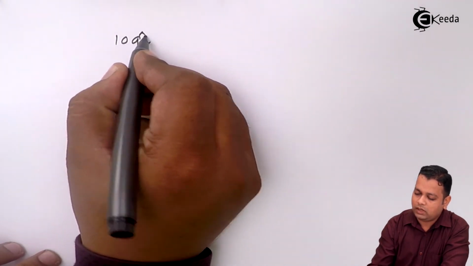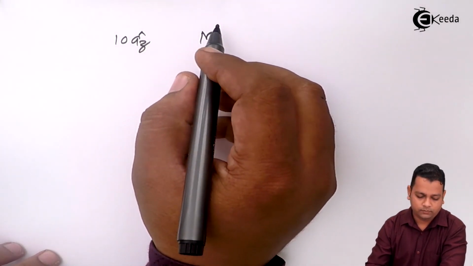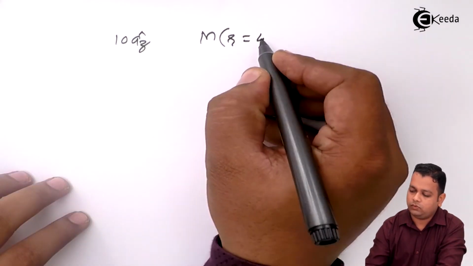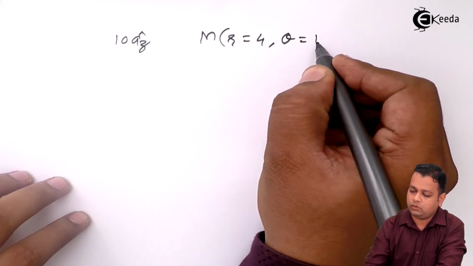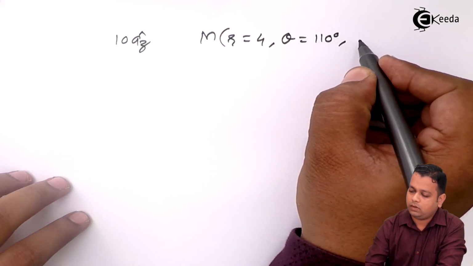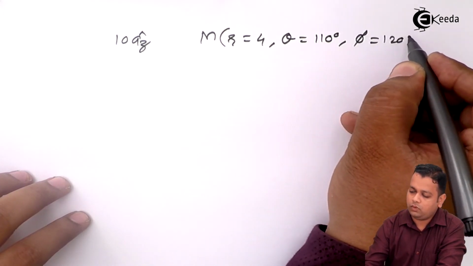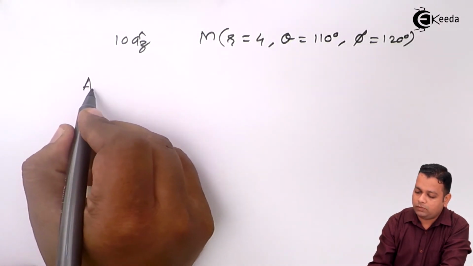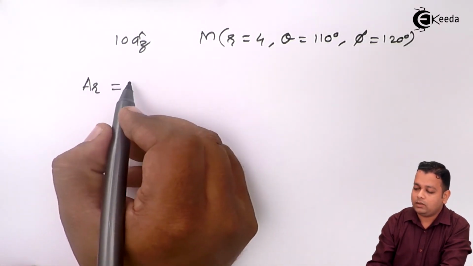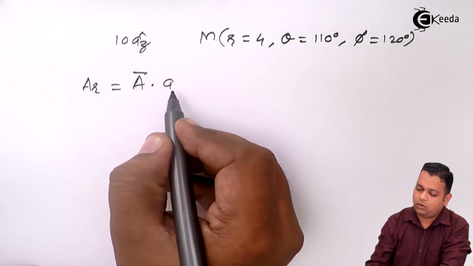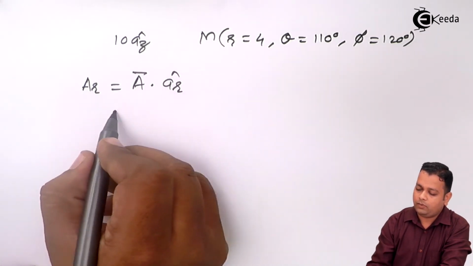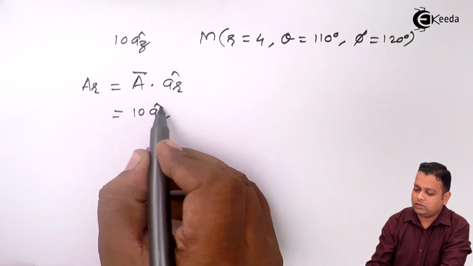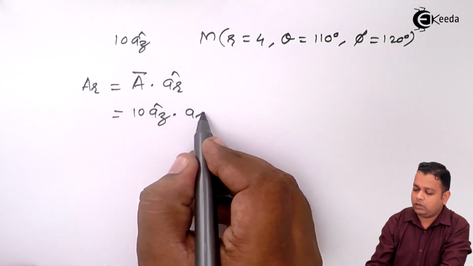Ten AZ cap at point M. So M point is R is equal to 4, theta is equal to 110 degrees and phi is equal to 120 degrees. So here we shall first of all get AR is equal to A bar dot AR cap. So this is the vector representation 10 AZ cap, dot product with AR cap.